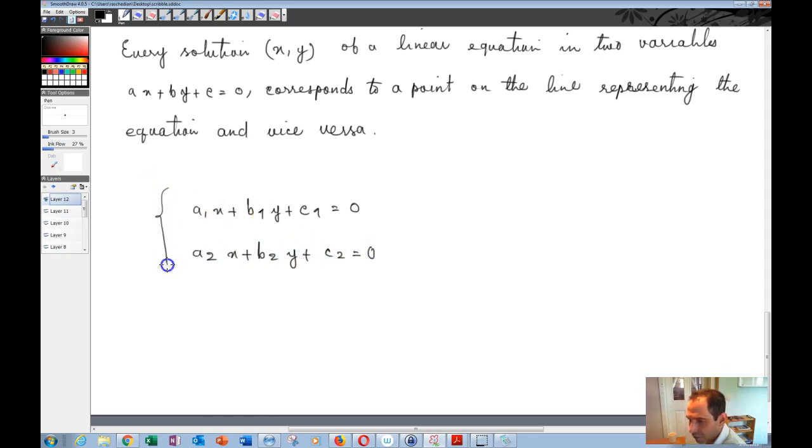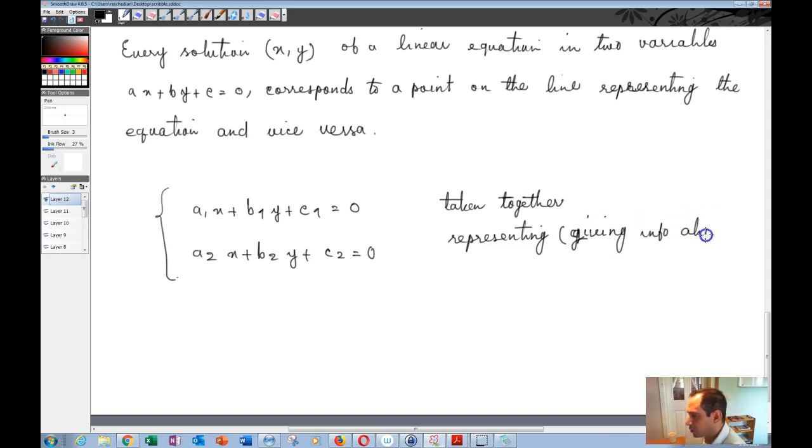So you have a set of linear equations in two variables, taken together, and both of these equations are representing or giving information about the exact same situation.